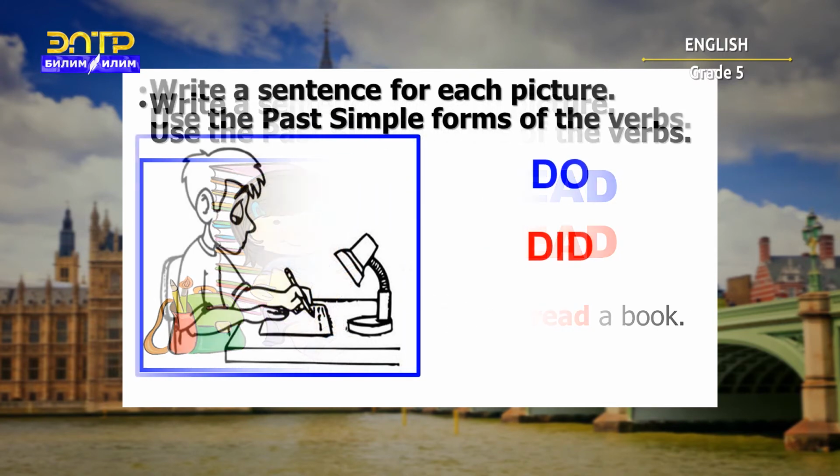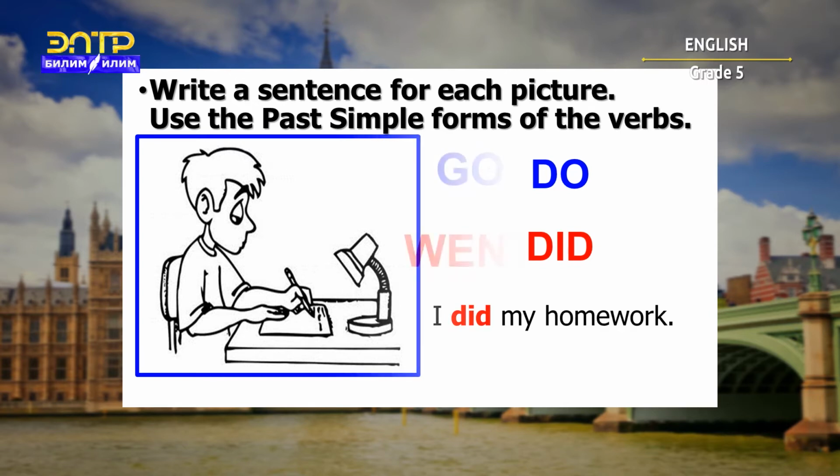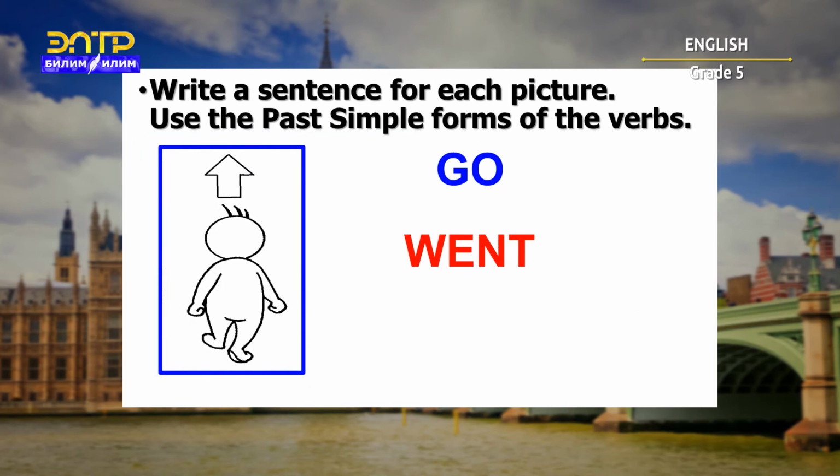The next one. Did. Write a sentence with did. Have you done? Let's check. My sentence is: I did my homework. And what about you? The next one.